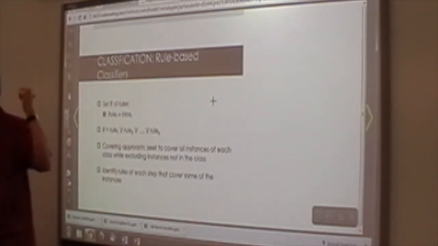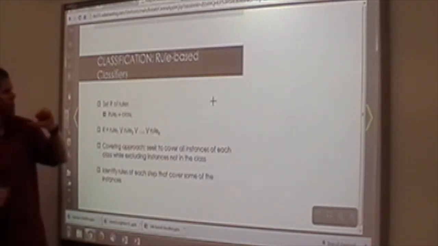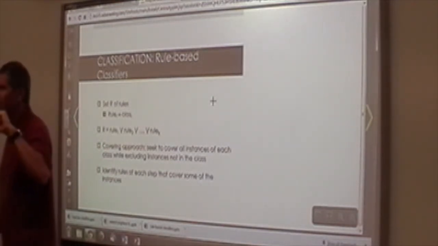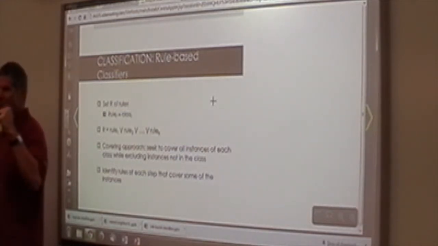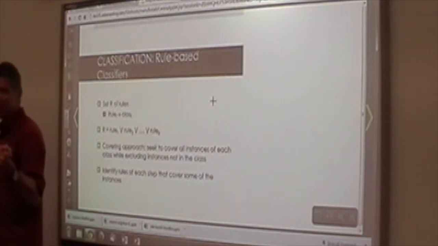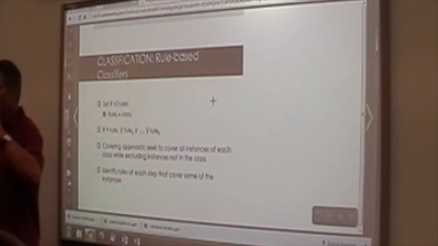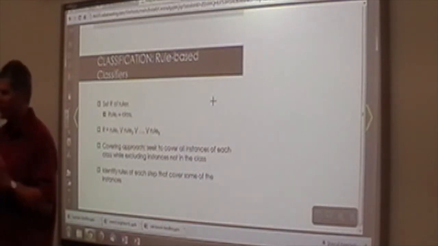The first one we'll look at is somewhat related to what we talked about before. They're called rule-based classifiers. We're also going to look, whether today or next time, at nearest neighbor classifiers, Bayesian classifiers, and support vector machines. So we're in the midst of analyzing numerous different algorithms, all for the purpose of classification.